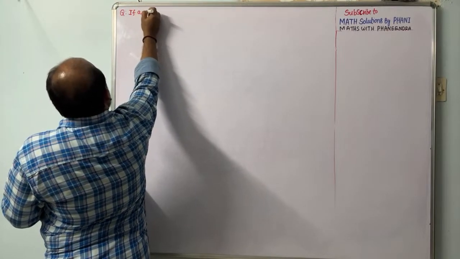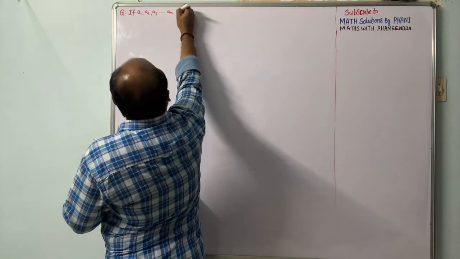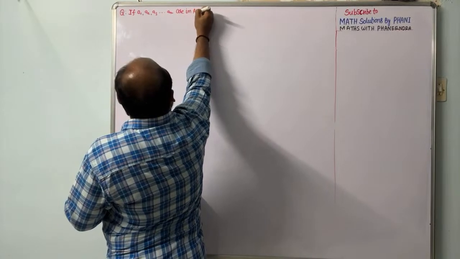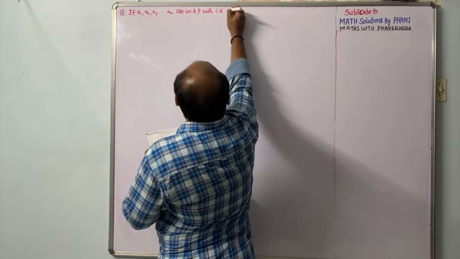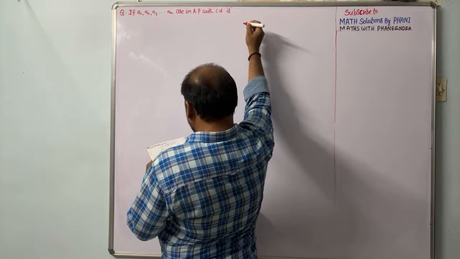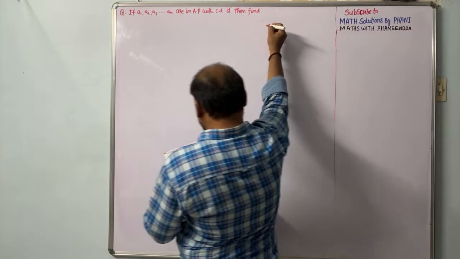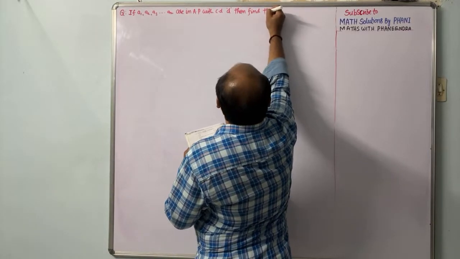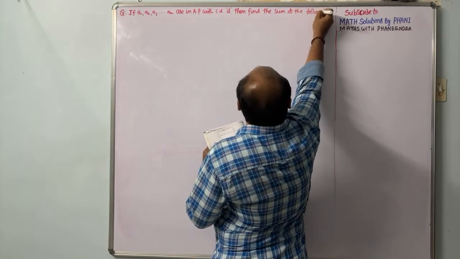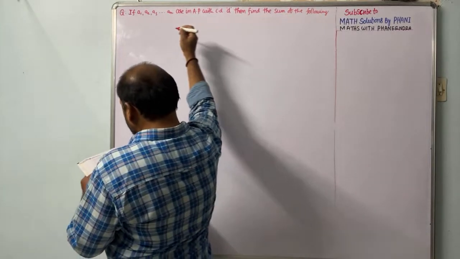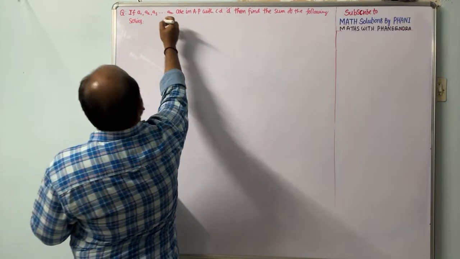If A1, A2, A3 and so on, An are in AP with the common difference d, then find the sum of the following series.